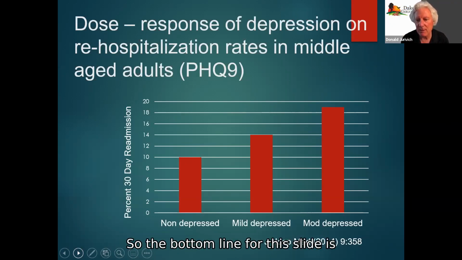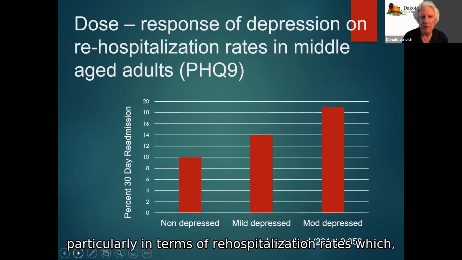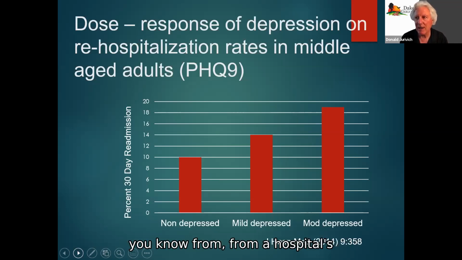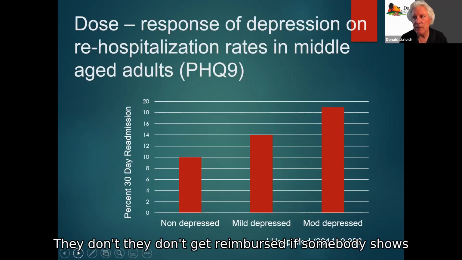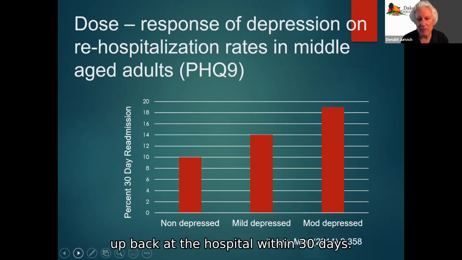impact on acute care. So the bottom line for the slide is that depression can impact acute care admission rates, and particularly the rehospitalization rates, which from a hospital's point of view, they get dinged. They don't get reimbursed if somebody shows up back at the hospital within 30 days.